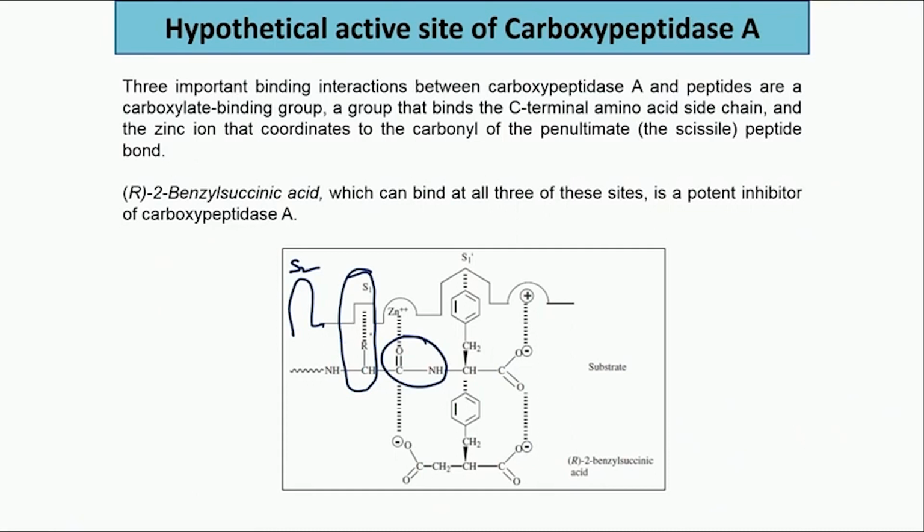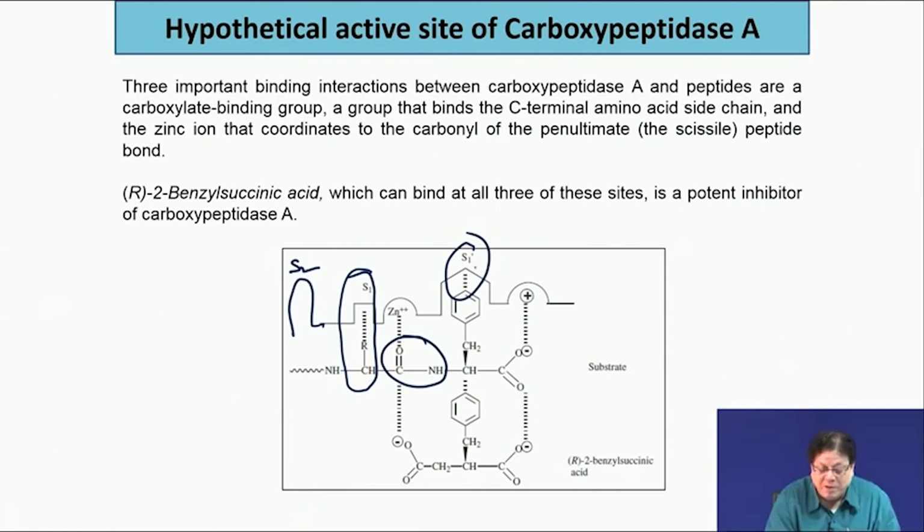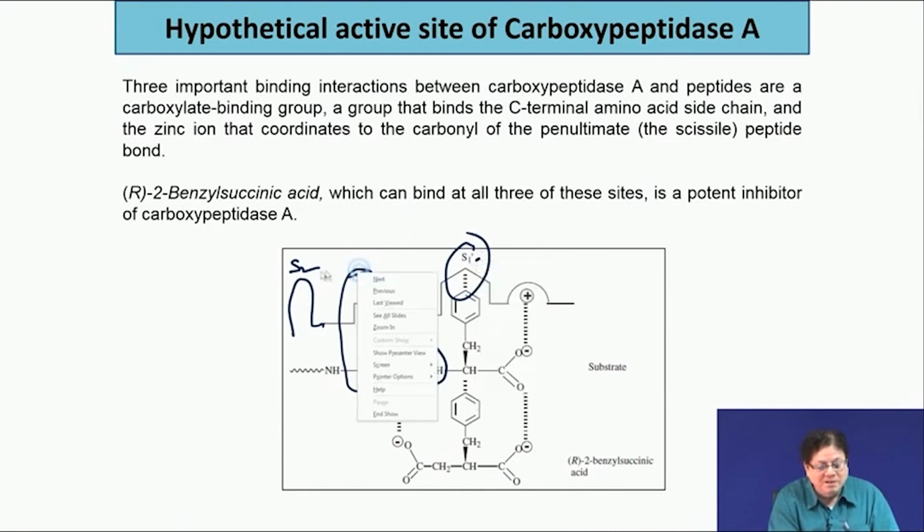So, the normal numbering goes to the N terminus side, and on the C terminus side you have S1 prime pocket and S2 prime pocket. So, proline is at the S1 prime pocket. This is all in relation to the peptide bond that is being hydrolyzed. So, that is S1 prime pocket, this is S1 pocket, this is S2 pocket.